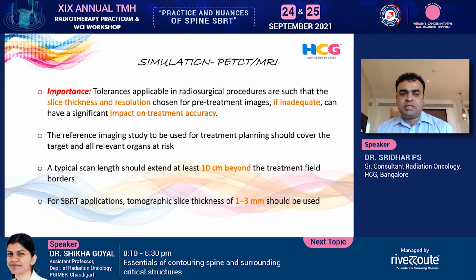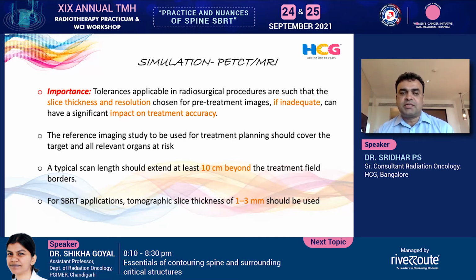Regarding the tolerance of the radiosurgical procedure, as I told you, there are two important things: slice thickness, and pre and post contrast. Slice thickness I usually do at 1 millimeter to 1.5 millimeter, ideally 1.25 millimeters. And it should be a minimum of 10 centimeters above and below your targets.